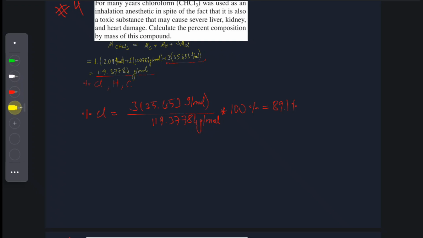Same way, I can calculate the percent hydrogen, and it will be very small since the hydrogen mass is too small compared with the whole molecule.